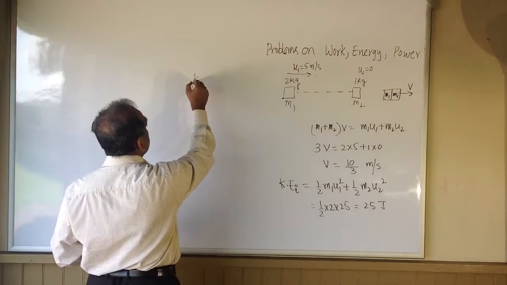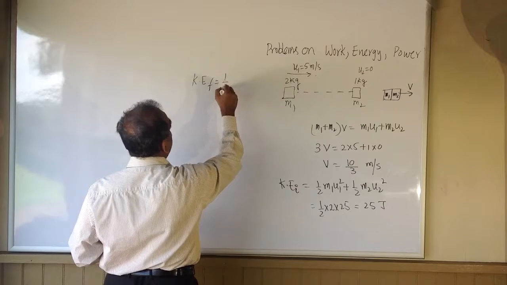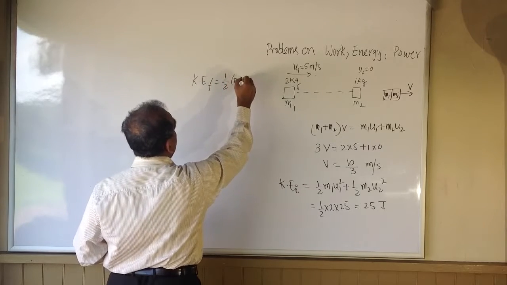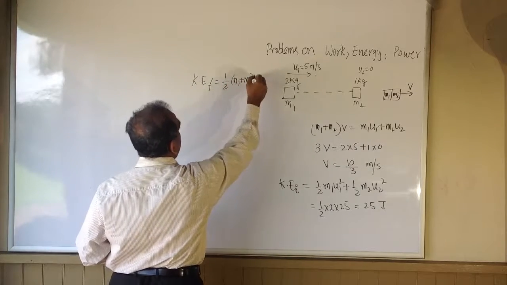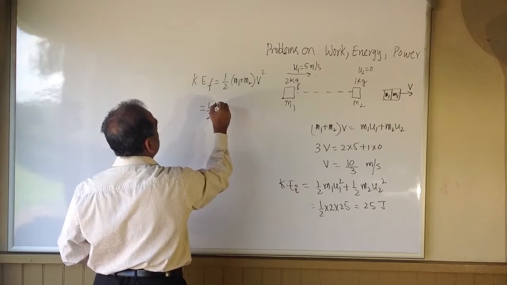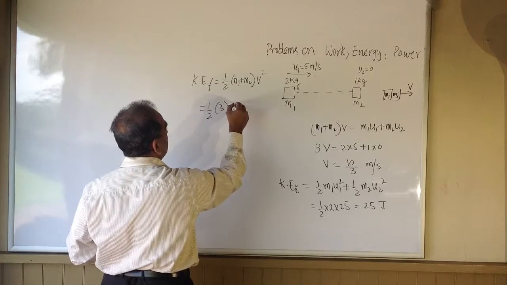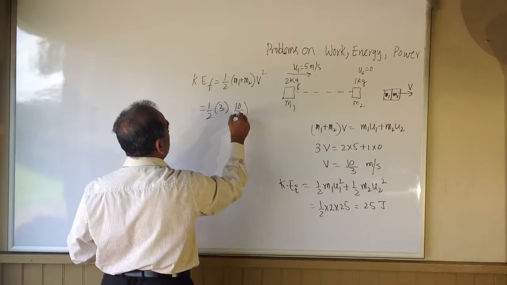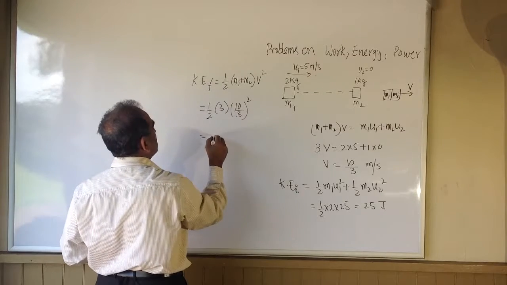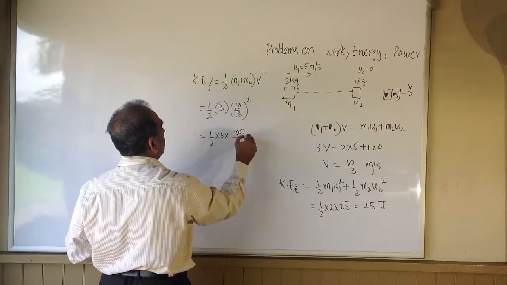What is the final kinetic energy? Kinetic energy final equals 1/2 times m1 plus m2, both masses together, with the final velocity v squared, which is equal to 1/2 times 3 kilograms, 2 plus 1, times v squared, which here is 10 over 3 whole square, which we get as 1/2 times 3 times 100 over 9.